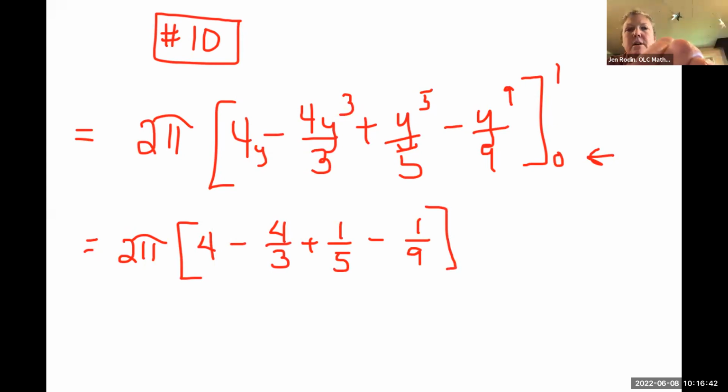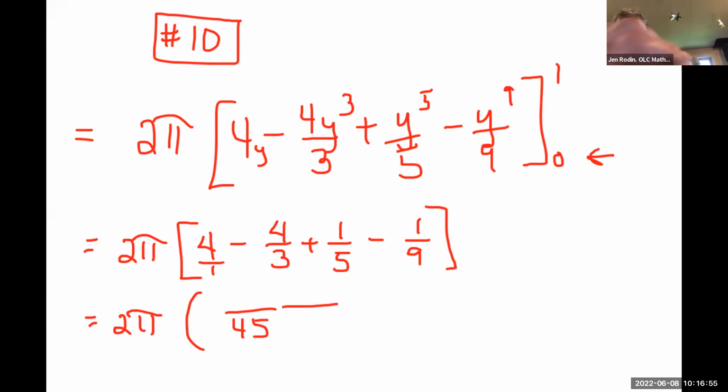And then we need a common denominator, which would be 45. So I'm going to make each one go to that common denominator. 3 times 15 is 45, so 4 times 15.